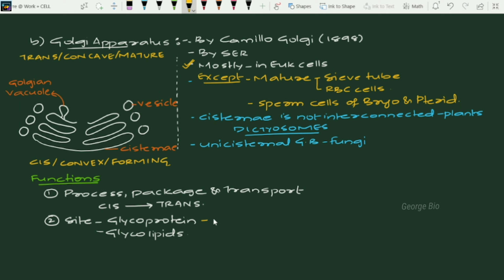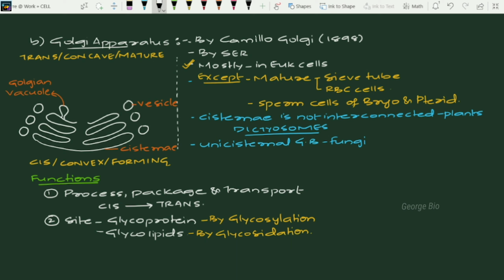That is by a process called glycosylation and glycosidation. Glycosylation of proteins leads to formation of glycoproteins, and glycolipids are formed by glycosidation, from lipids.